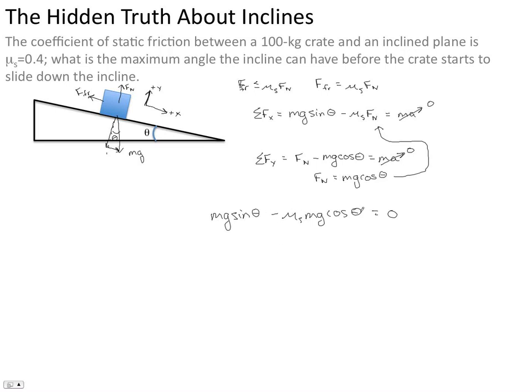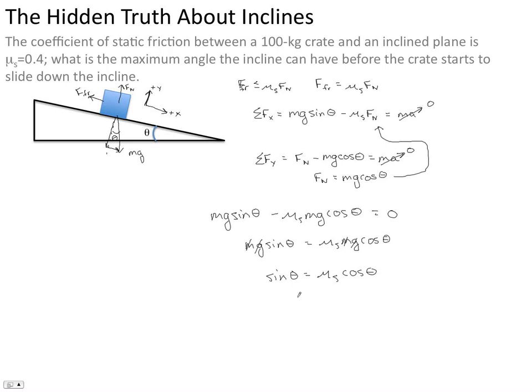Now let's solve this expression for theta. Let's move one of these terms to the right hand side of the equation. So we get mg sine theta equals mu s mg cosine theta. And now here is the truth about inclines. When we get to this point, something really neat happens. Look at both sides of this equation. Both sides have an m on them, and both sides have a g on them. So we can divide both sides by m and by g, and those two things go away, and we end up getting sine theta equals mu s cosine theta.